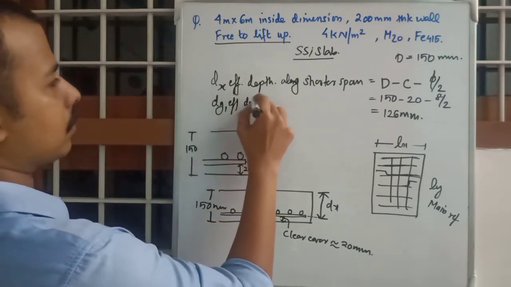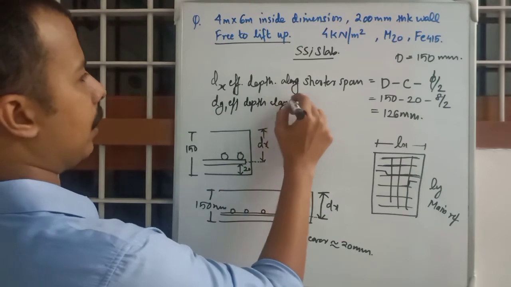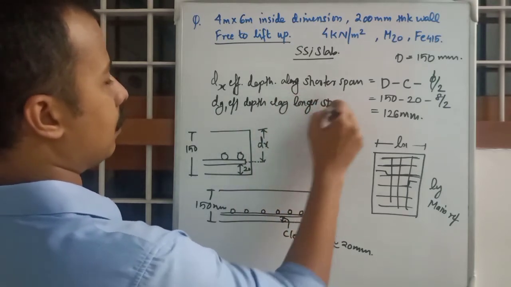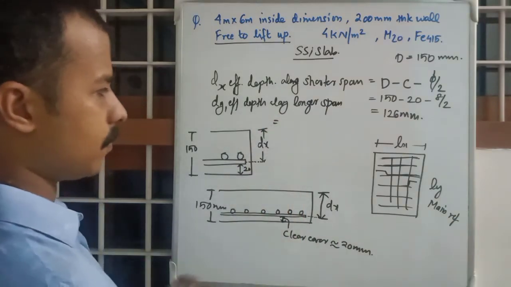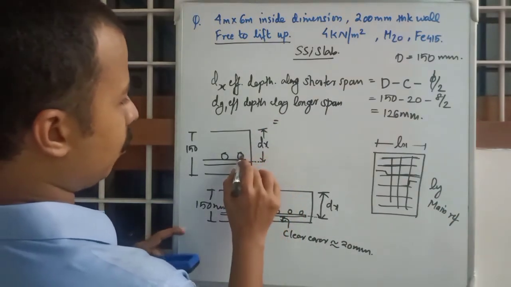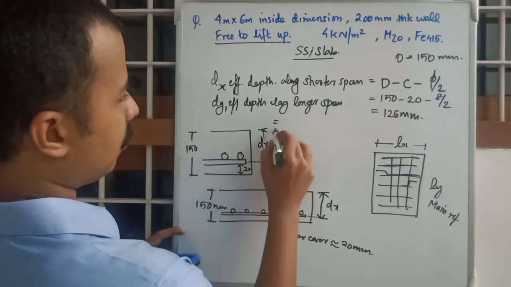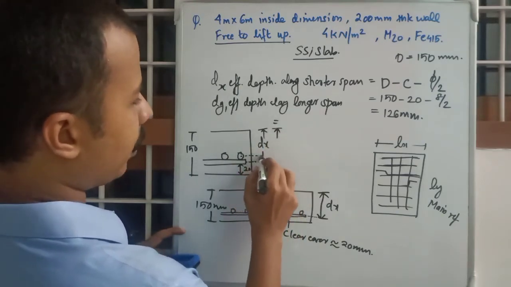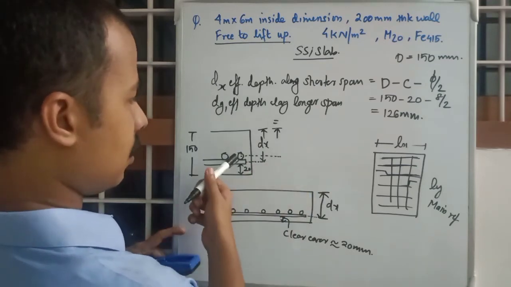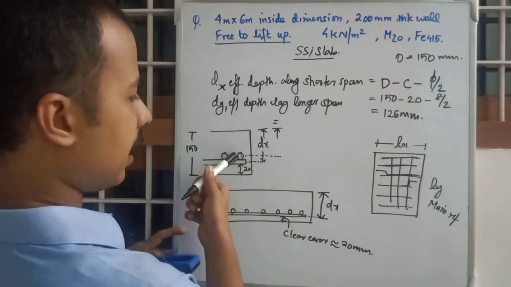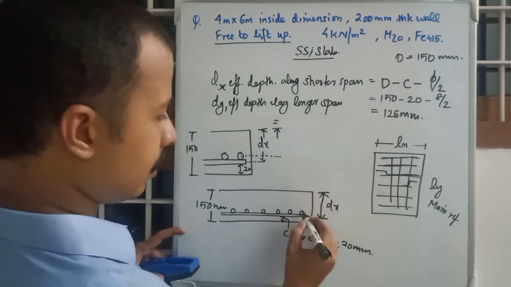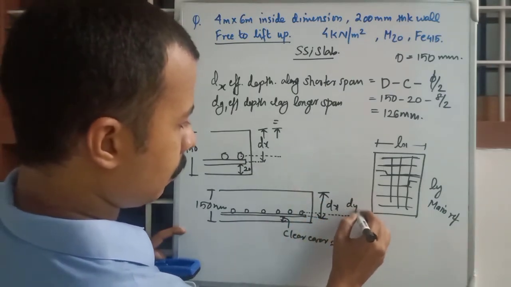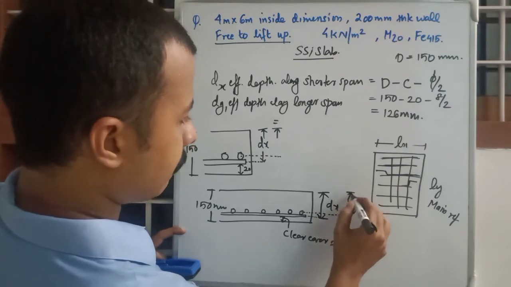And there is the next one, dy, effective depth along longer span. What will be the effective depth along longer span? It will be from here to the midpoint of this reinforcement along Ly direction, this point, dy.